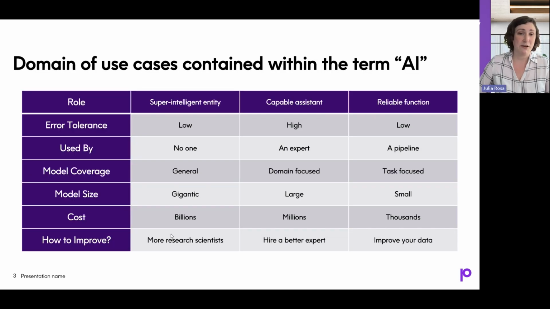We know AI means artificial intelligence, but that term can be used so broadly. It really covers a whole host of different models and functions, anything from your basic reliable function using any sort of pipeline with low error tolerance to your super intelligent entities that require specialized expertise and can cost billions of dollars. The gap between the costs and software needs of a basic function versus a super intelligent entity can be enormous.